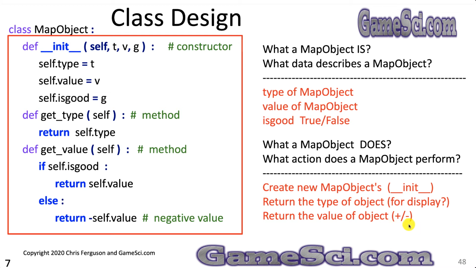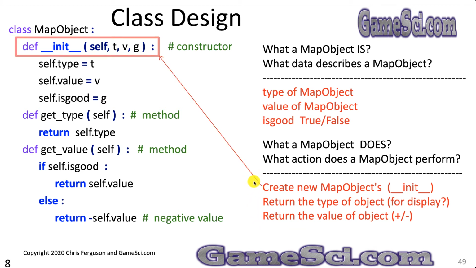If it's a bad object, we want to subtract. So we return a value from the map object to let us know whether we should be adding to our strength or health or subtracting from our strength or health. If this is the list of things that I want my map object to do, then those are the methods I need to write. Let's look at these methods in detail.